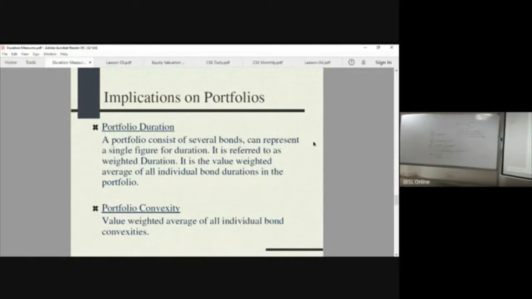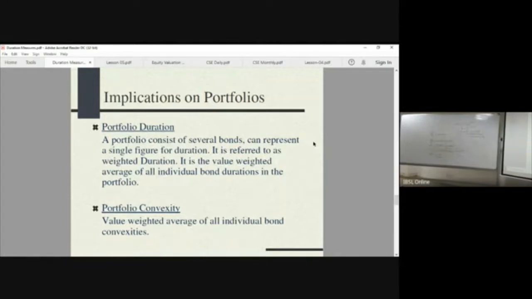This is a very simple portfolio where you have only two bonds. One bond's value is say 100. The other bond's value is 200. So then what is the weight? One bond is 1/3 of the weight. The other bond is 2/3 of the weight. The total portfolio. So if you have calculated the duration of these two bonds, say the 100 value bond's duration is 2.